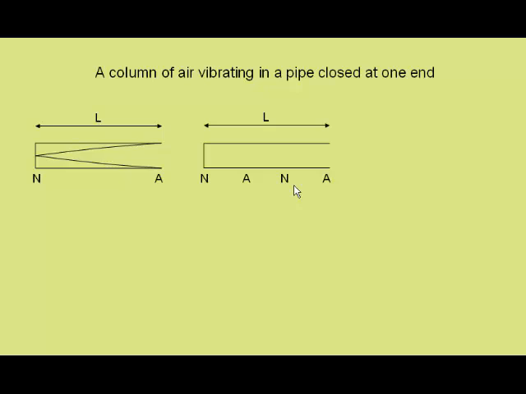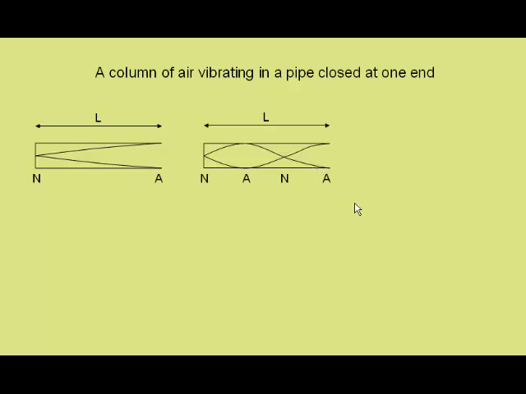We can represent this with this type of line, where it is showing zero displacement here, maximum displacement left and right here, zero displacement here, maximum displacement left and right here. You must remember these are longitudinal waves. This curved line is simply representing the level of displacement left and right of the air at a point.